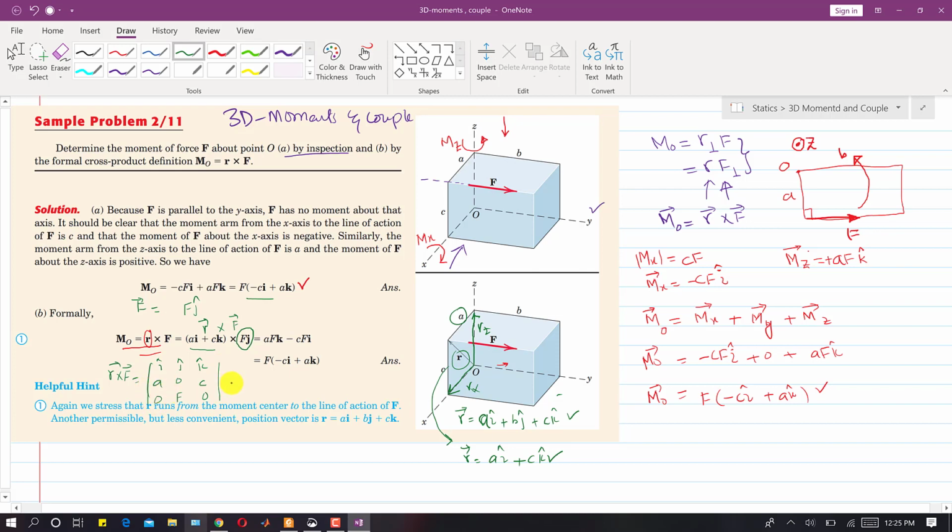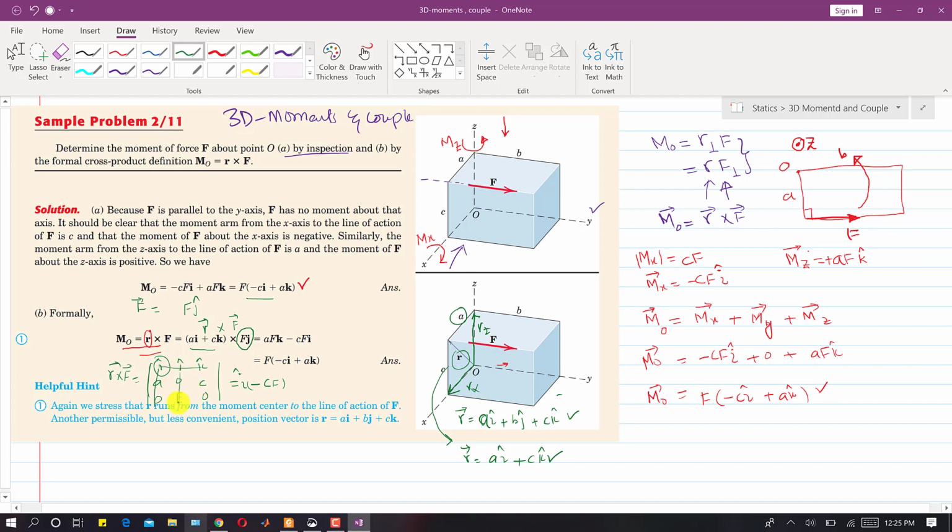Now if we apply the cross product, I will hide this row and take the determinant of the remaining matrix. So 0 into 0 gives 0, so it will be minus F into C, so I will write C into F, multiplied with i.